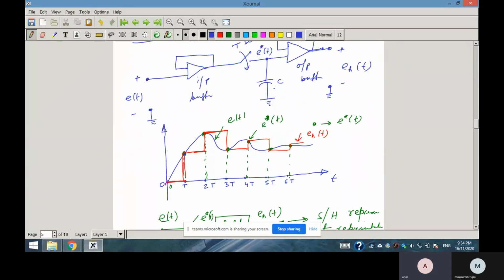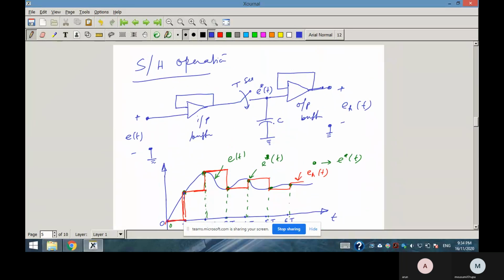That RC time constant is zero. So that's why it will instantly charge, and then that capacitor charge will be equal to your hold circuit.